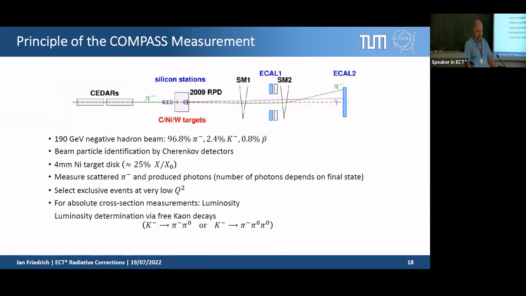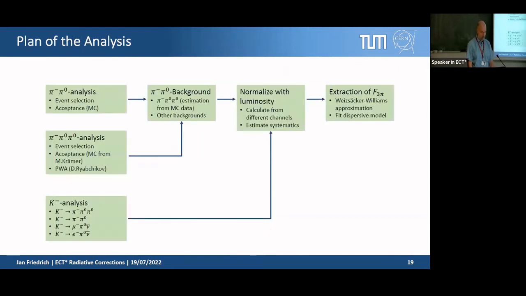By investigating the decay of the kaon component in the beam, which is very well known, into 2 or 3 pions, we get a good measure of the luminosity.